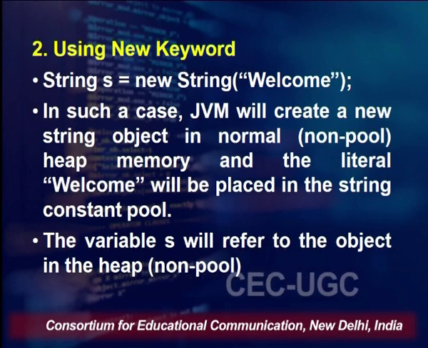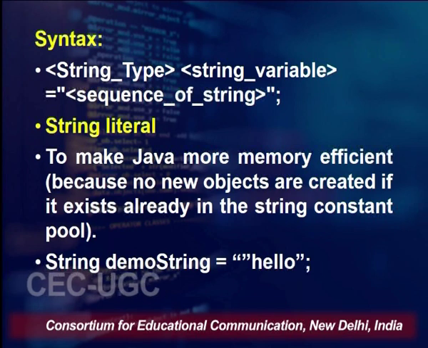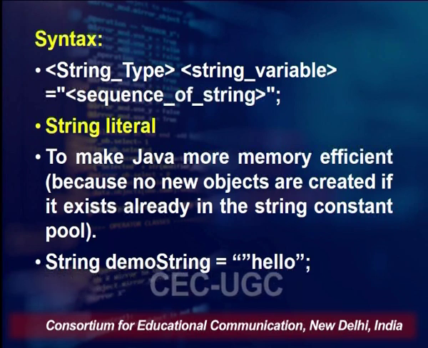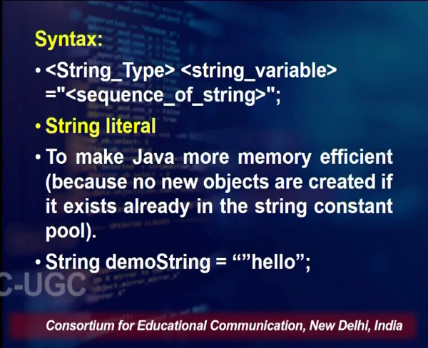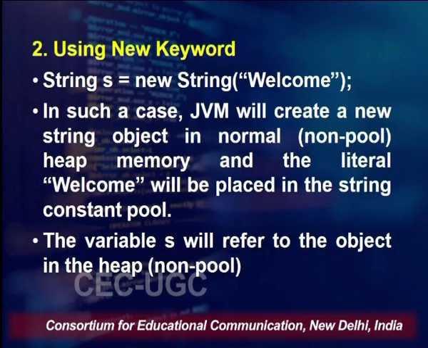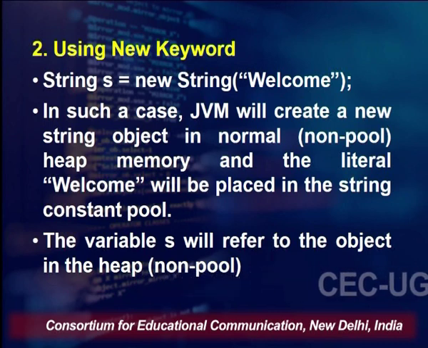But in the previous situation, when we were using the string literal idea, no new objects are created in the string constant pool, and hence memory is utilized in a different way as compared to using the new keyword.